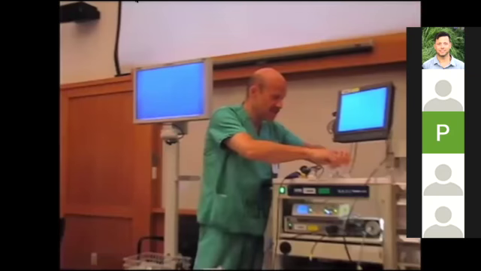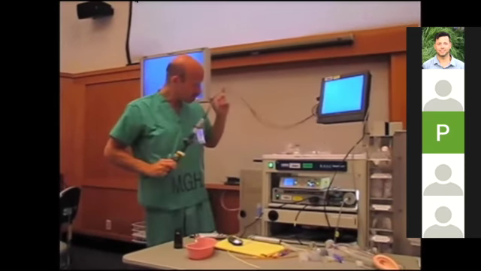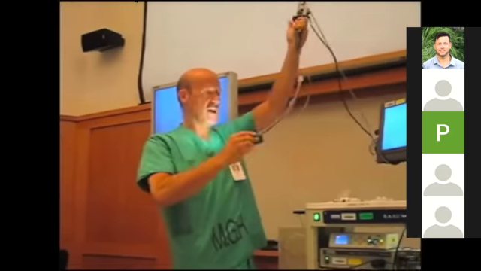The next thing I'm going to do is I have 5 more cc's of lidocaine, and this will go on the fibroscope. And this way we can spray structures as we see them. Okay, so we saw the cords and sprayed them. And we'll get started again.